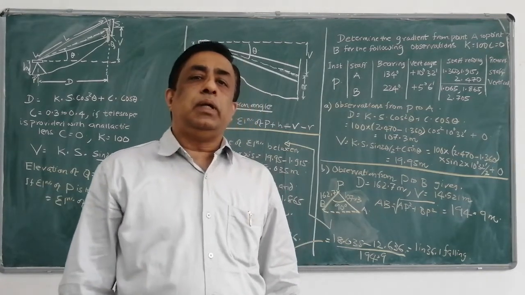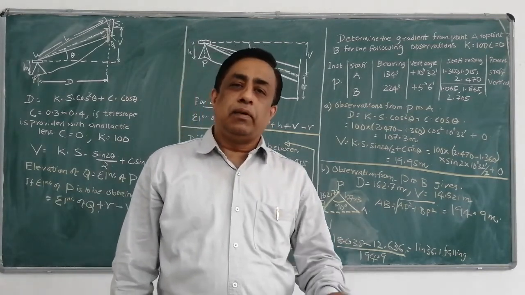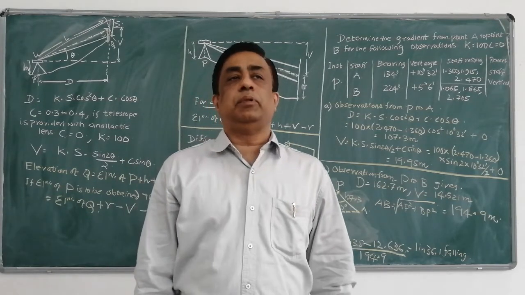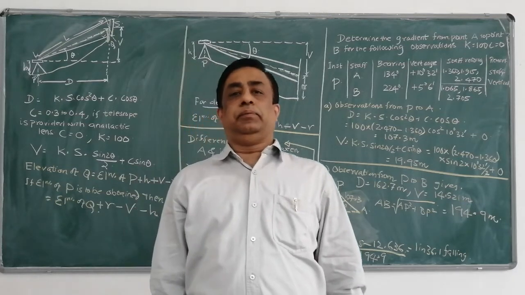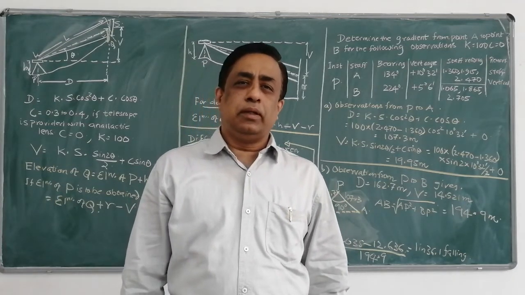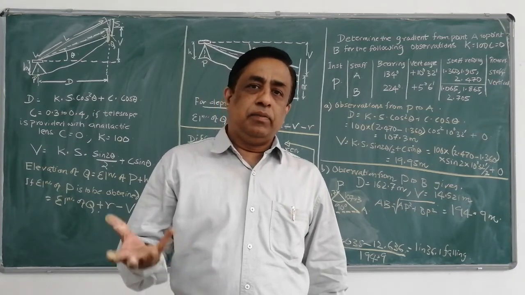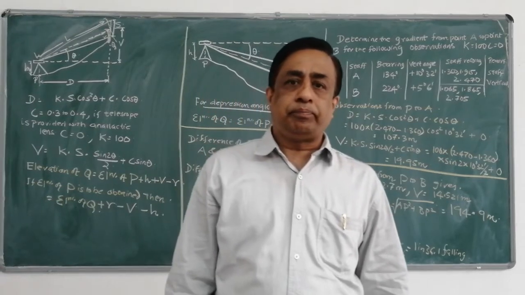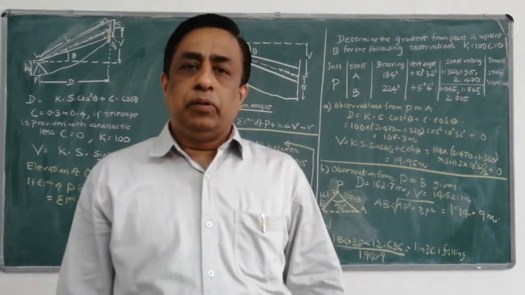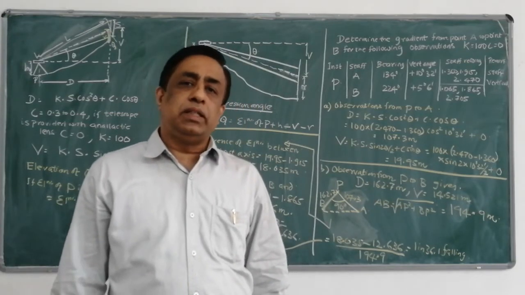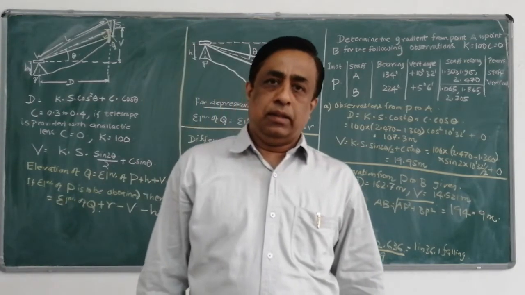Students, today I will explain the concept of the tachometer. A tachometer is similar to your normal theodolite, which we had discussed in the third semester. The theodolite measures the horizontal as well as vertical angle.